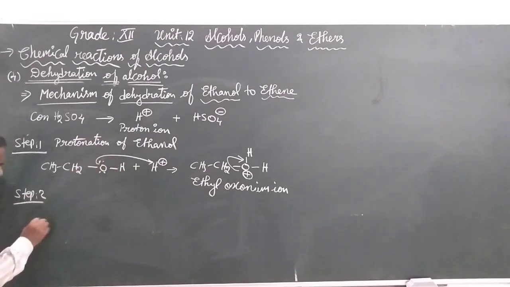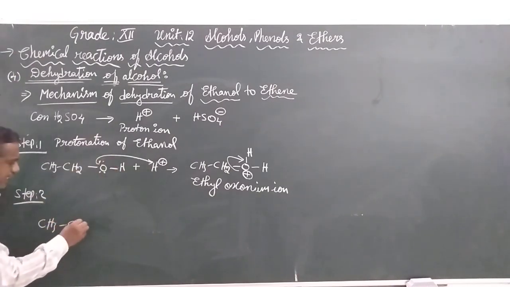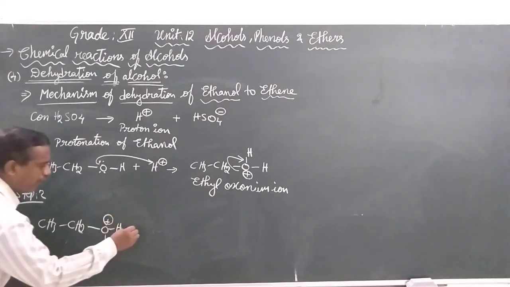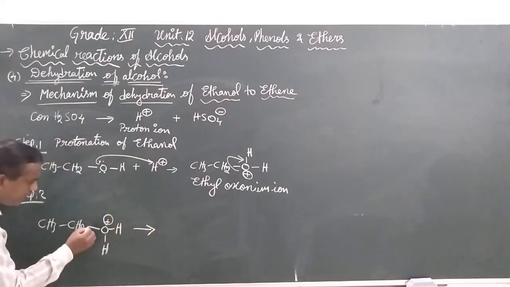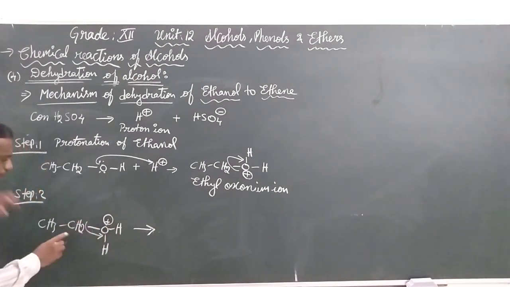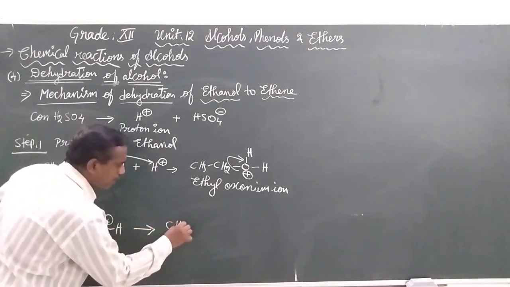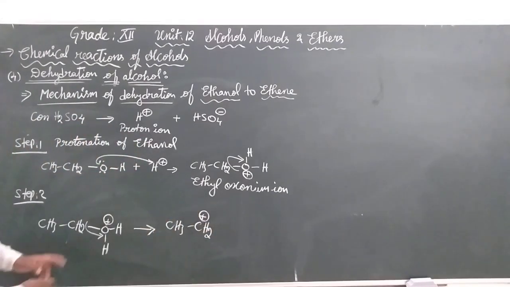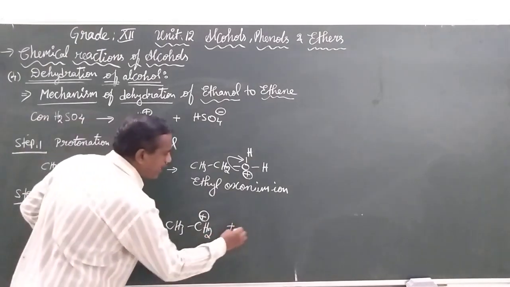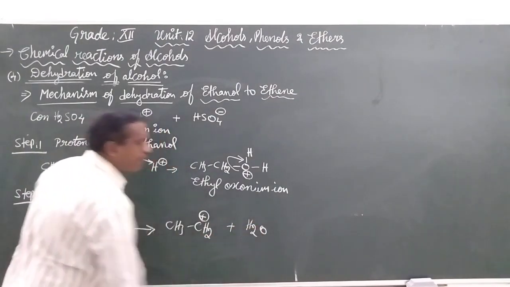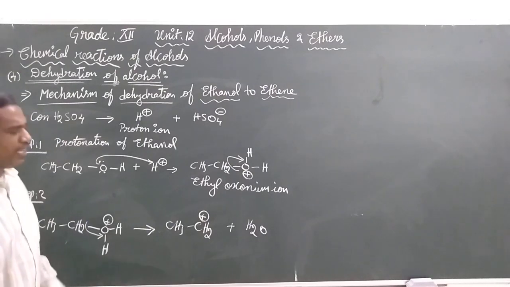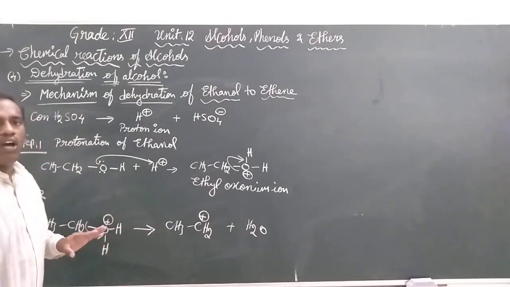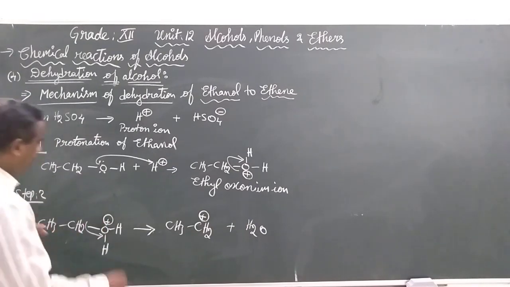In step 2, the CH3CH2OH2 plus, the ethyl oxonium ion: the oxygen withdraws electrons towards it, leaving a positive charge on the carbon atom, and water leaves as a neutral molecule. This is the slowest step of this mechanism.